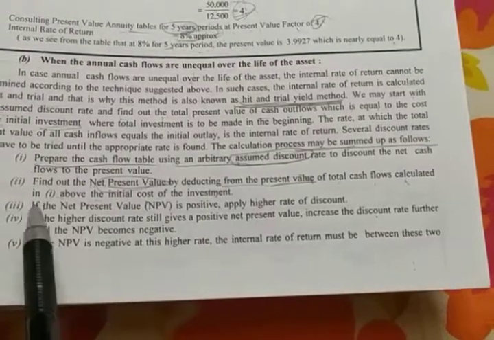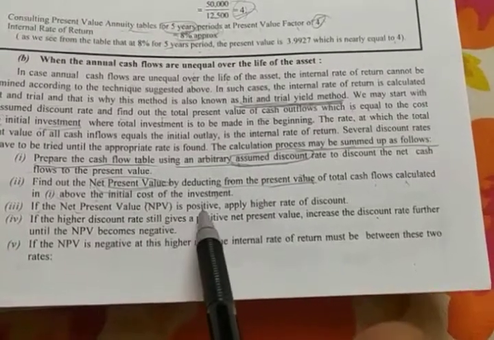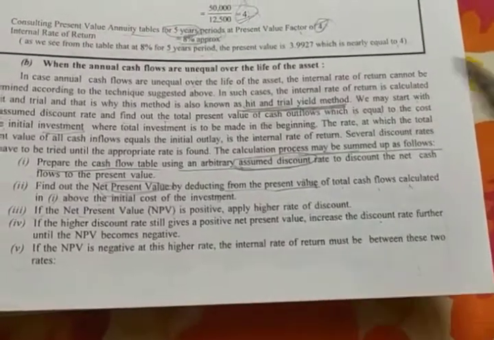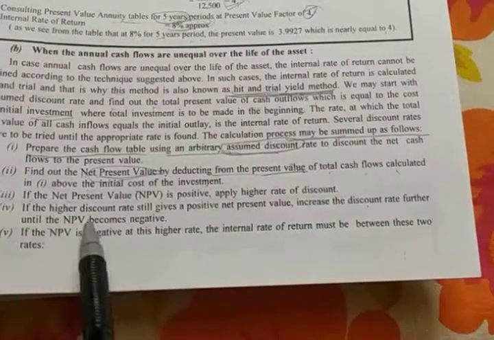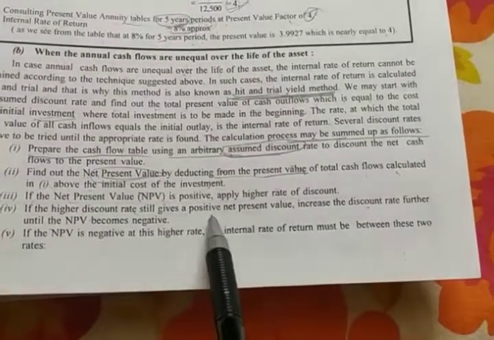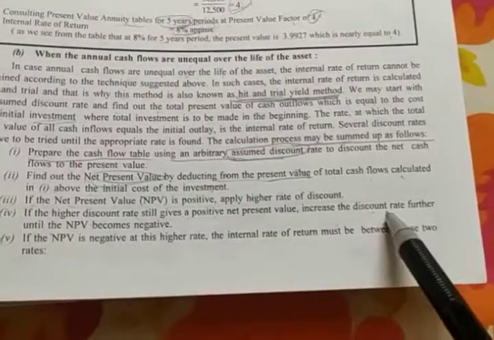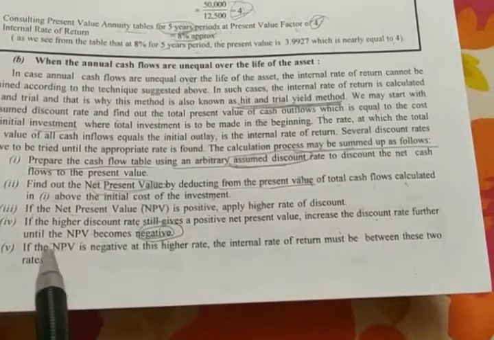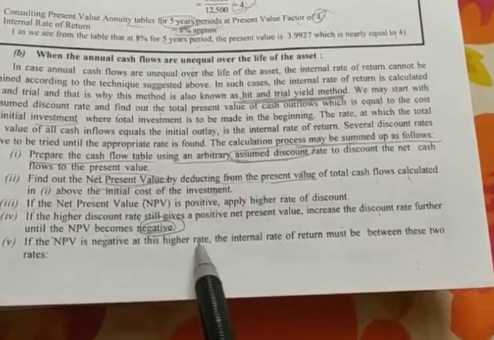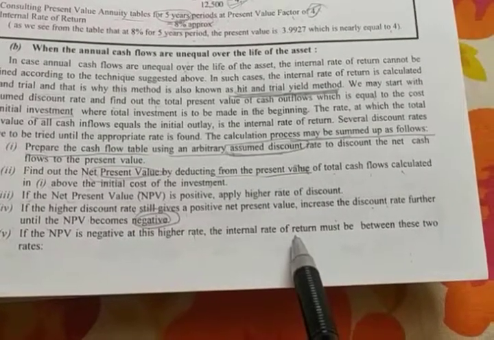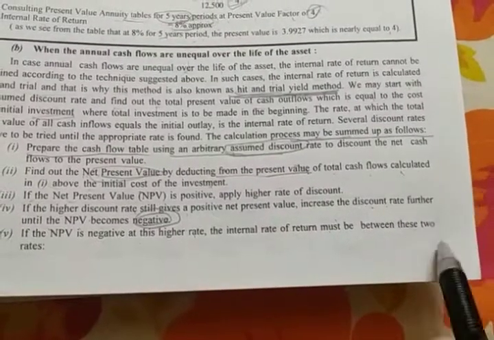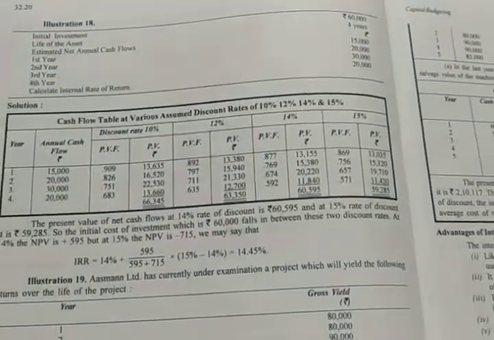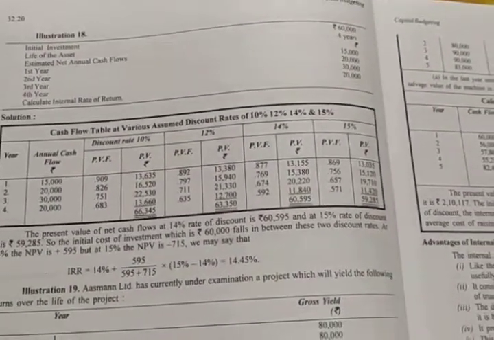The third one, if the net present value is positive, apply a higher rate of discount. If the higher rate of discount still gives a positive, then increase the discount rate further until the NPV becomes negative. If the NPV is negative at a higher rate, the internal rate of return must be between these two rates. So we can understand that with the given example.